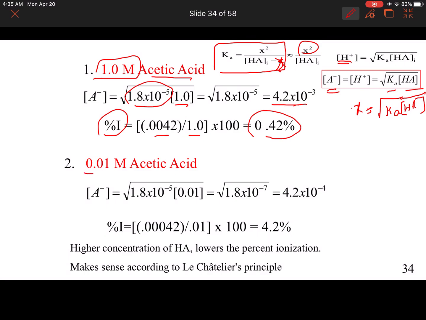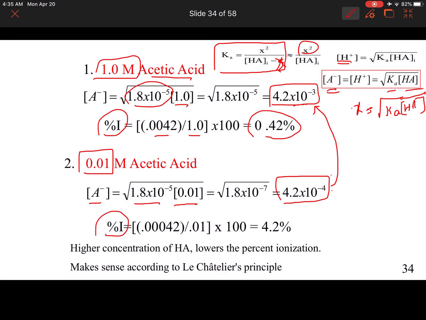Now, if I dilute this acid 100 times, so it's divided by 100, my new concentration of acid is 0.01. Very simply, again, X, or A minus, is the square root of Ka times 0.01, because now it's a new concentration. I get the X. Now, if you compare this X to the one before, indeed, before, the X, the amount of moles, is greater than when it's diluted. But look at the percent ionization.